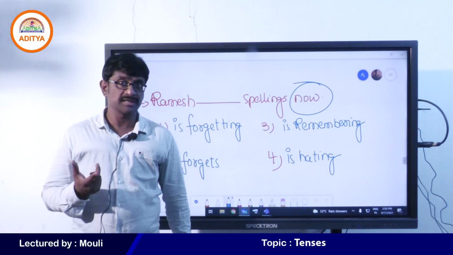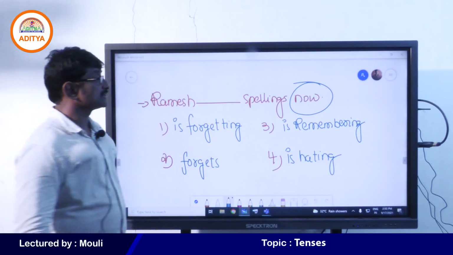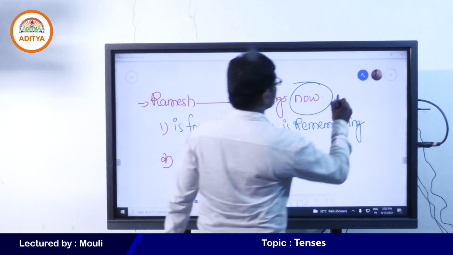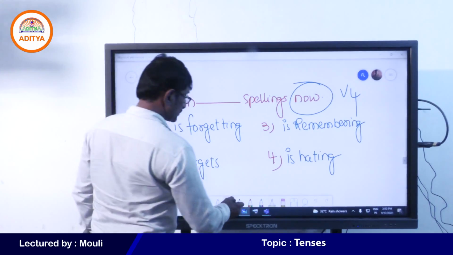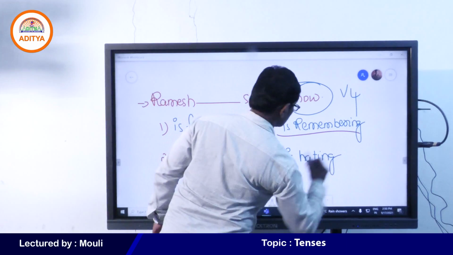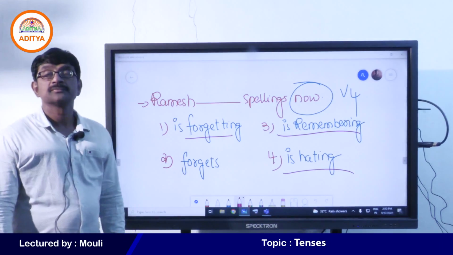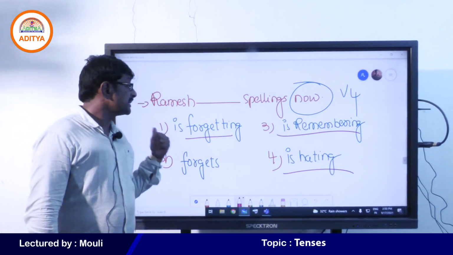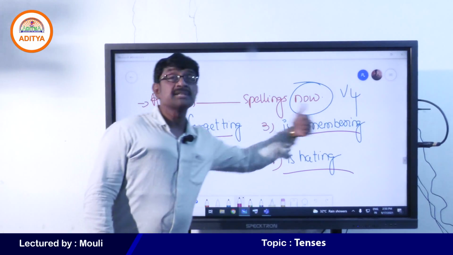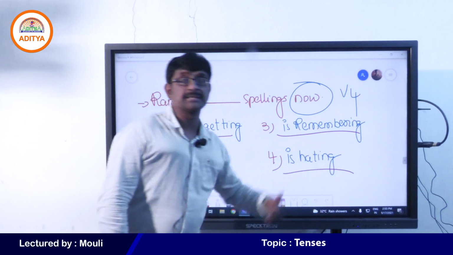You will be confused unnecessarily. Okay, look at this now. Now means we want V4. It is progressive tense. There are 3 V4s, but all 3 say Ramesh is forgetting, Ramesh is remembering, Ramesh is hating.